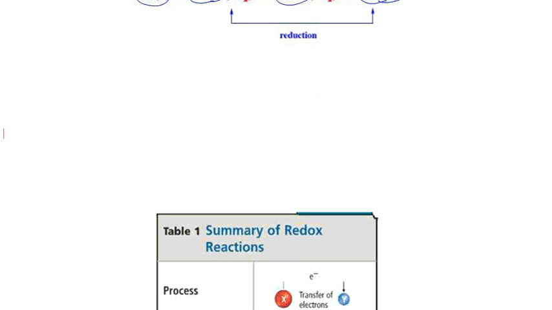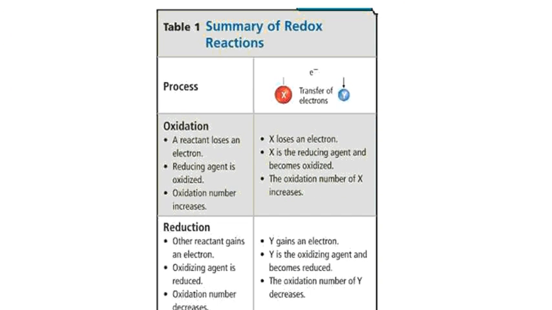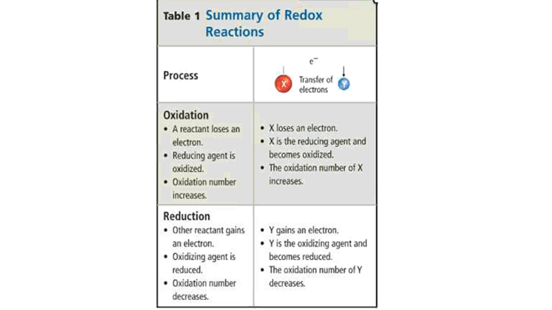So if we move to the next page, we should be able to summarize a redox reaction. Oxidation, the oxidation number increases because it loses an electron. Reduction, the oxidation number decreases because it gains an electron.